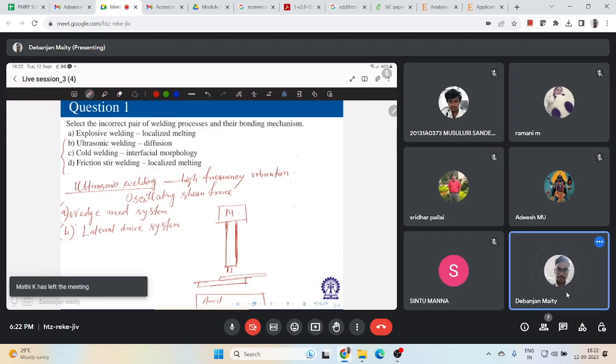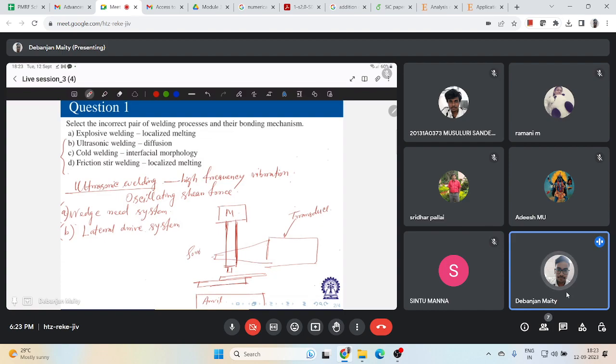and how is the sonotrode vibrating? So this is my transducer, and here you have this sonotrode tip, and vibration is happening like this. So this is kind of bending mode operation because of this long mass over there.